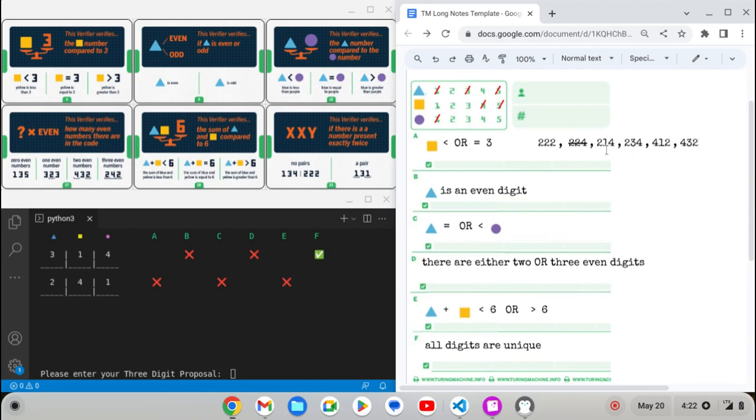and then these seem to be the only potential unique digit. So yes, this is all repeating, these are all unique, and these are all the two even.